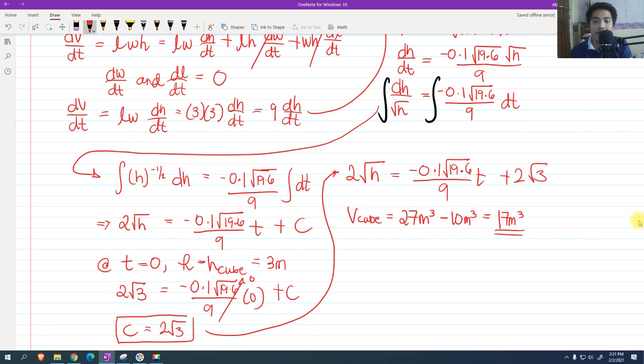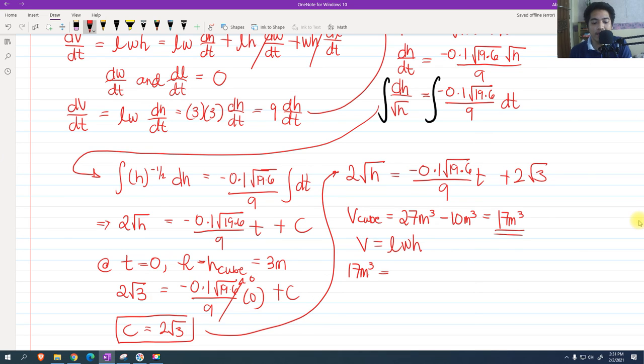And we are now going to get the height of the water when 10 cubic meters is removed from the pool. So we are going to use again the formula length, width, and height. We know that the volume should be 17 cubic meters remaining in the pool when we remove 10 cubic meters.